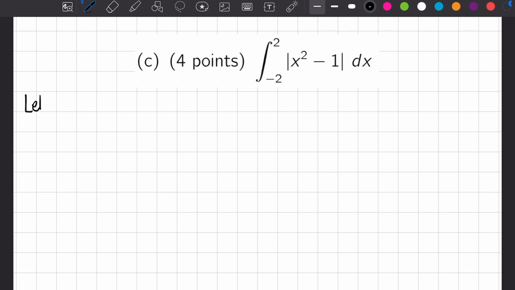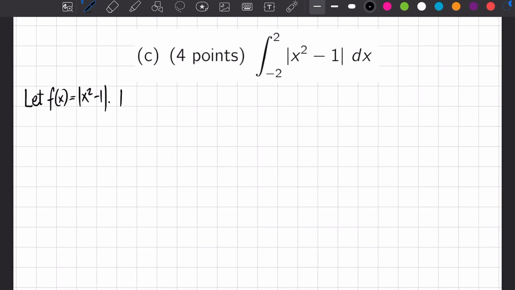So if we let f of x be equal to the absolute value of x squared minus 1, to check if a function is odd or even, we will just check f of negative x. So f of negative x is just the absolute value of negative x raised to 2 minus 1, which is equal to the absolute value of x squared minus 1.